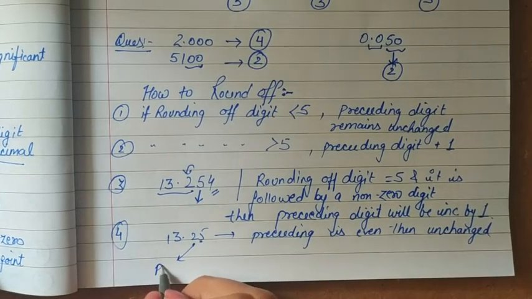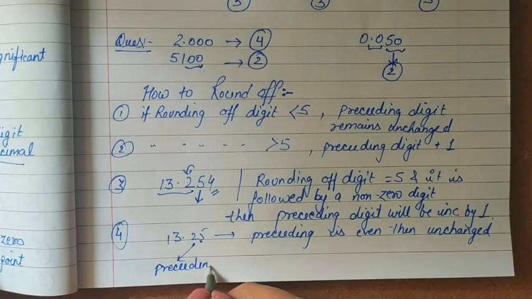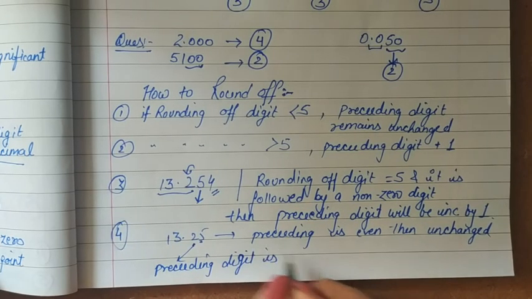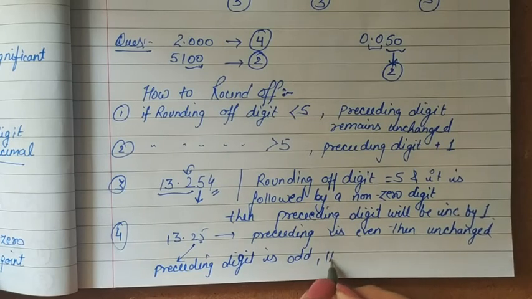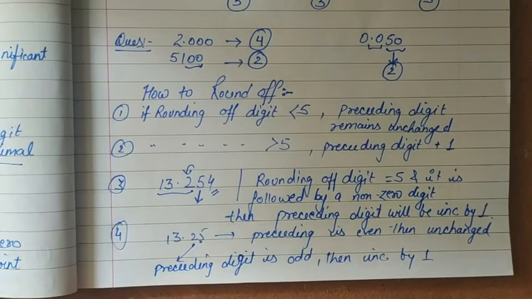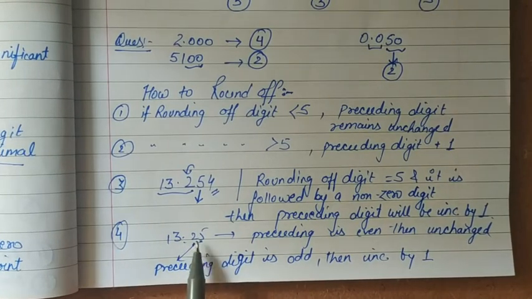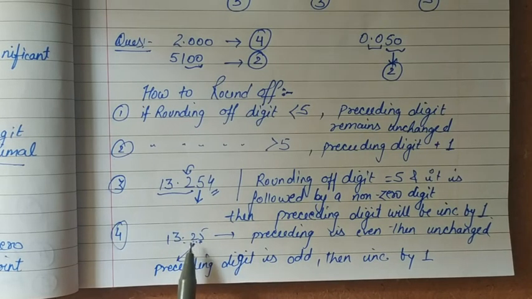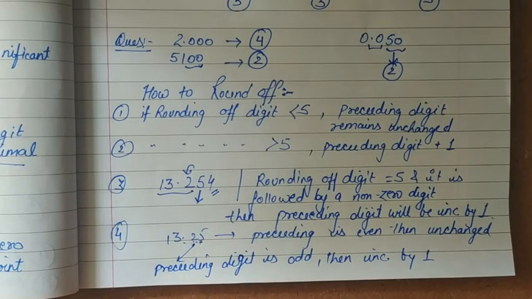But if the preceding digit is odd, then it is increased by 1. So if there was a 1 before this 5, an odd digit, we would increase it by 1, making it 2. And because here the digit before 5 is 2, which is even, it will remain like this, just the 5 is dropped. So these are the rules to round off our measured answer.